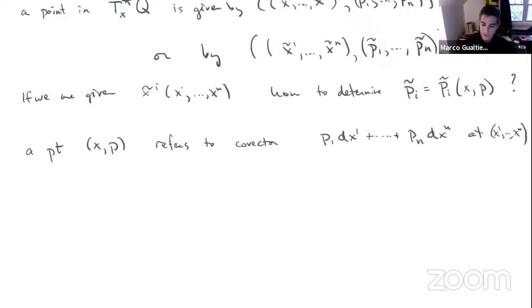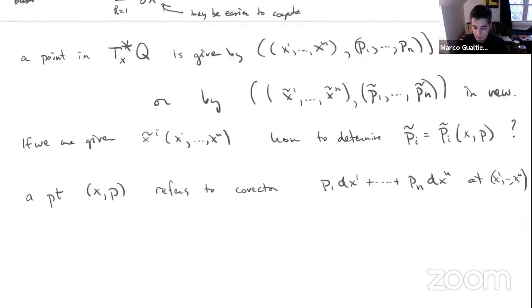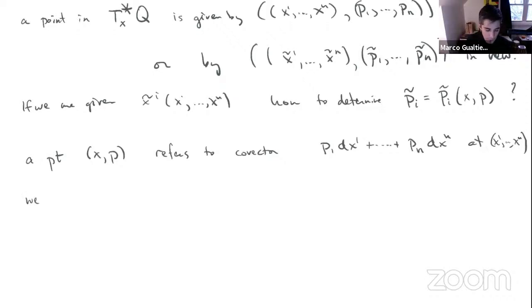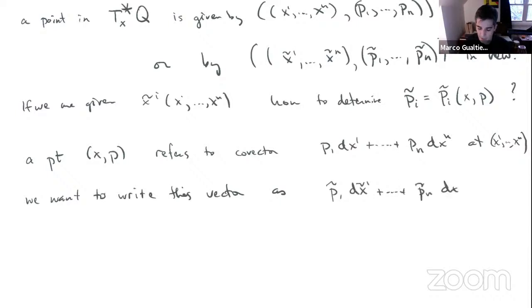And then if I take this thing, we would like to write this vector as p tilde 1 dx tilde 1 plus p tilde n dx tilde n.